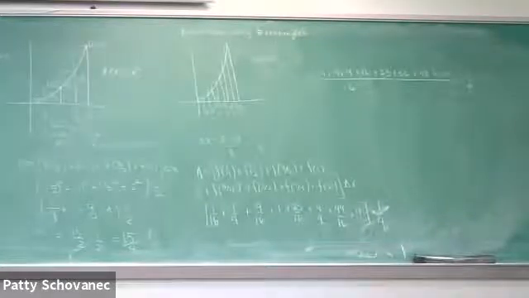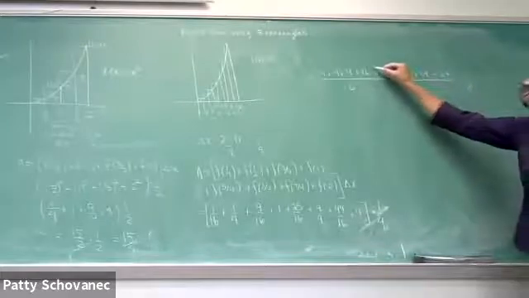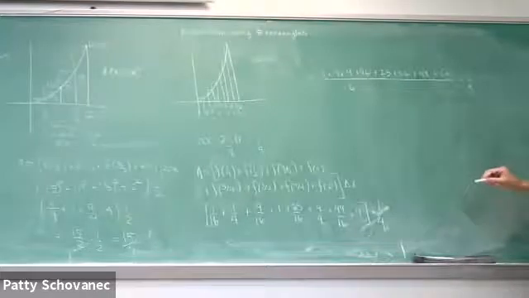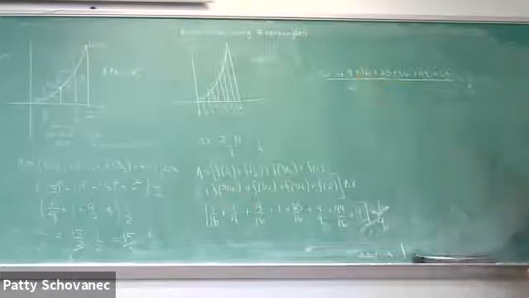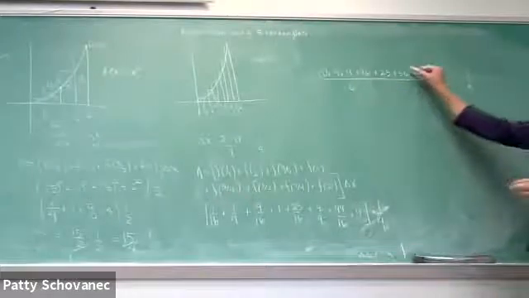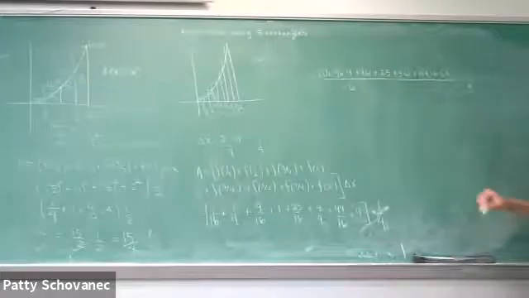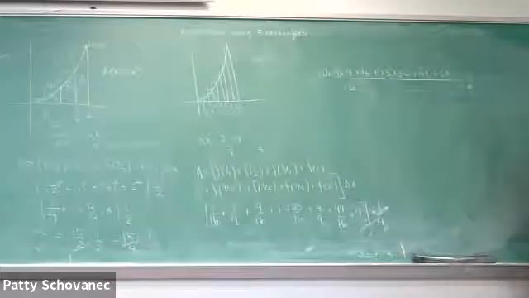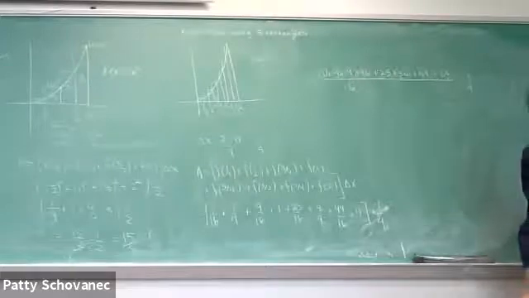All right, let's make yourselves useful. 64 plus 16 is 80. 80 plus 50 is 130. 130 plus 40 is 170. 170 plus 25 is 195. 195 plus 9 is 204.